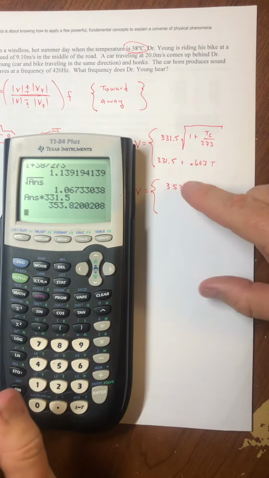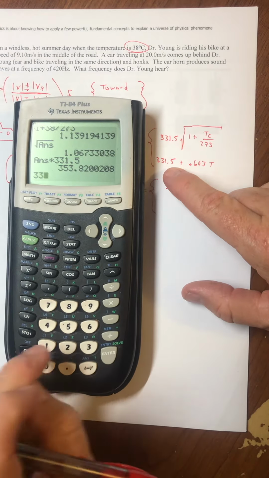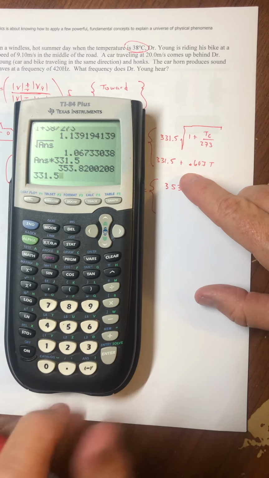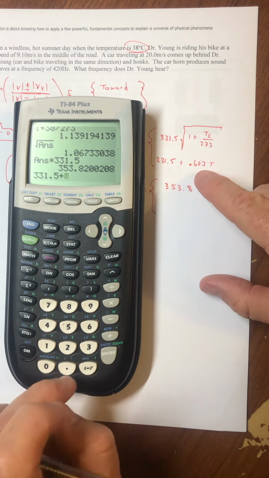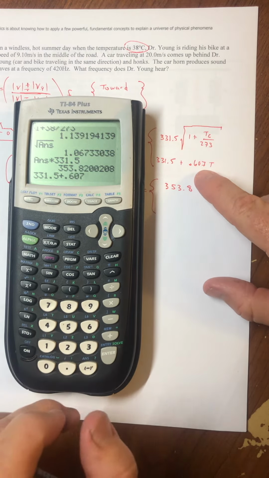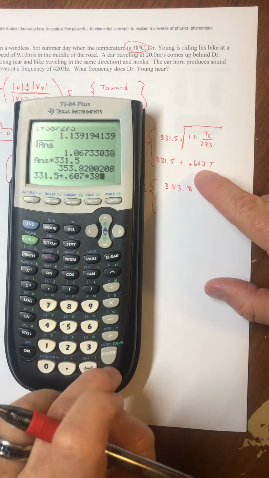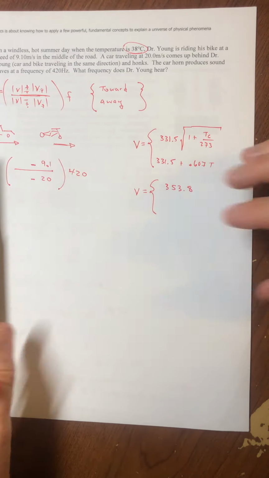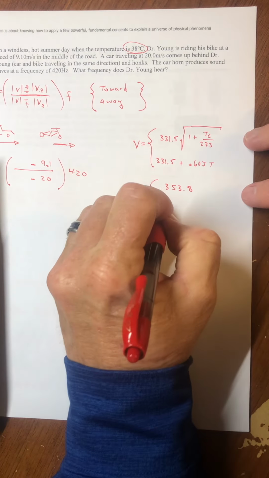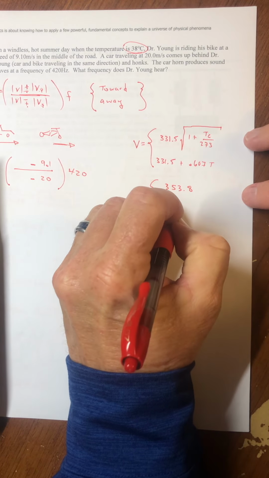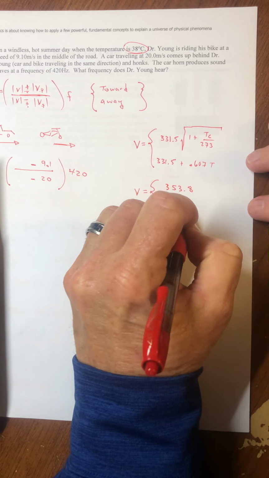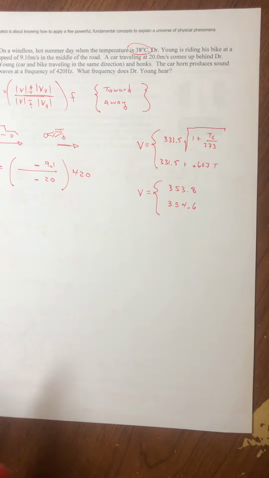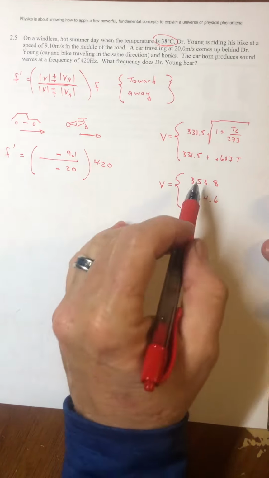If I use the approximation, I'm going to get a slightly higher speed. Approximation's always going to be a little off, and in this case, because it's a square root, it's always going to be a little higher. And so either one of those works.